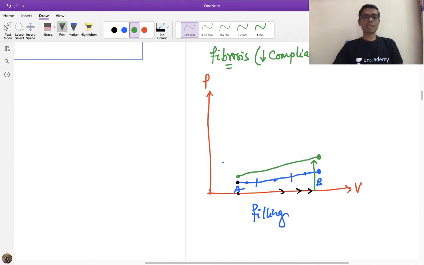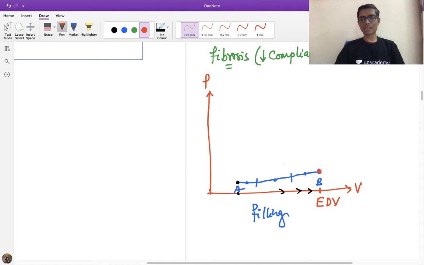Next, now I'm deleting this line. Okay, suppose the green line is not there, right? So, normal ventricle. Now what will happen? When the ventricular filling is complete, just now I told you, the volume of blood which is present in the ventricle is the end diastolic volume.